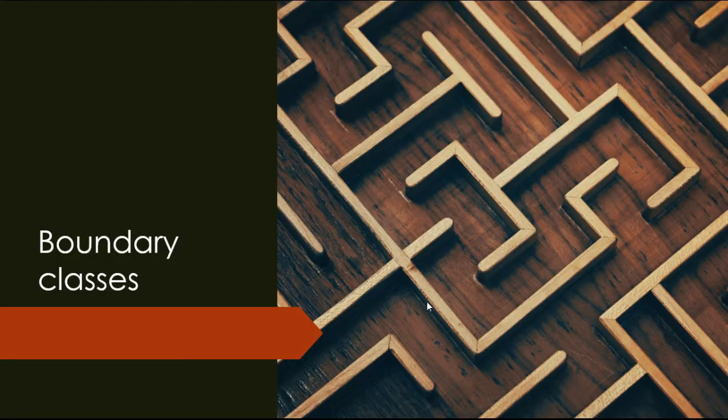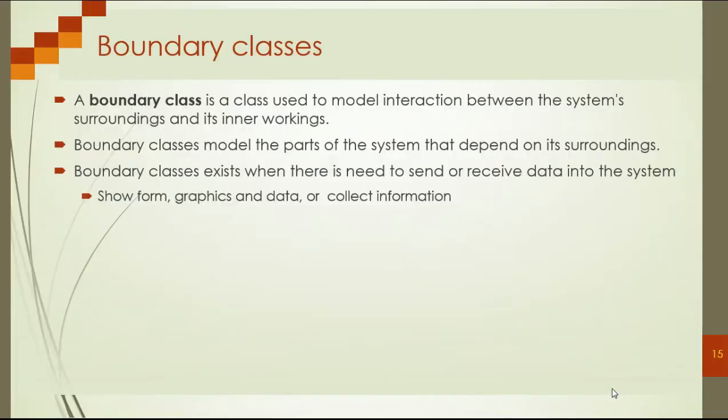So we move to the second type of classes, which is the boundary classes. As we mentioned, a boundary class or object is software that interfaces to or communicates with the external environment.